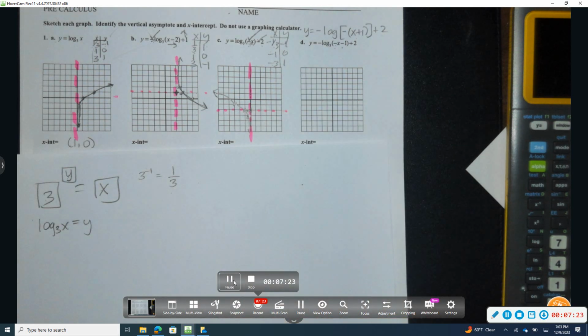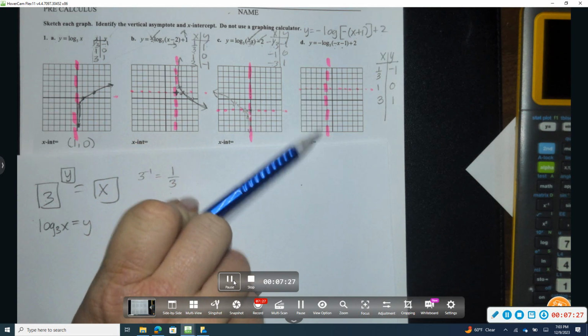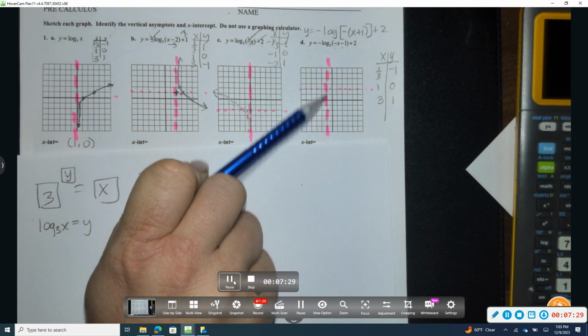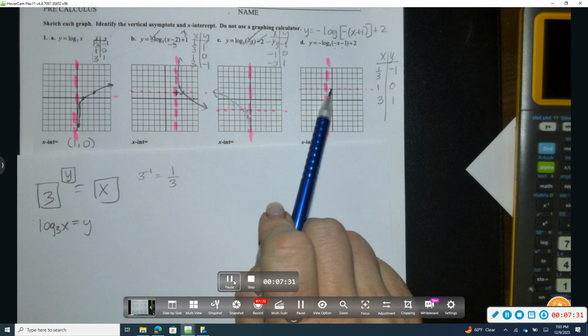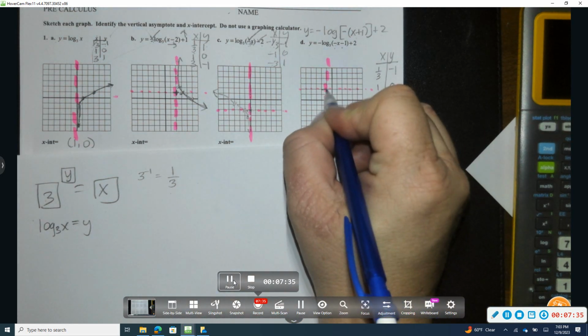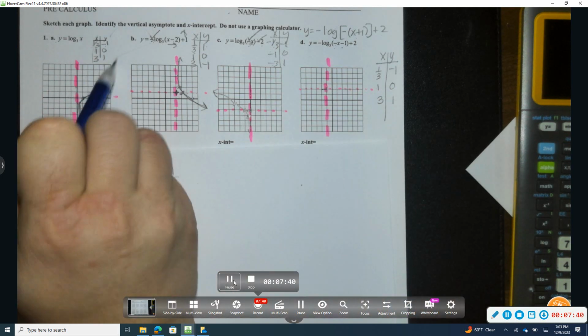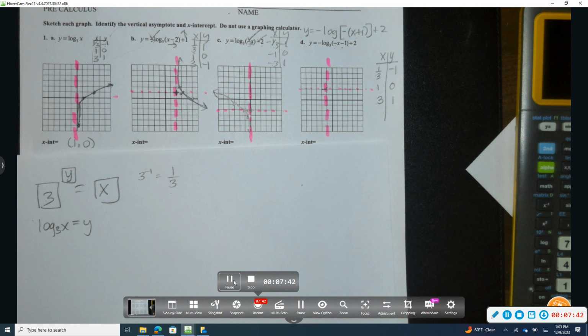All right, so we can see this is my vertical asymptote at x equals negative 1. This is not an asymptote. That's why I did it really light. This just allows us to see where is my new origin. I took the three ordered pairs from the parent function.